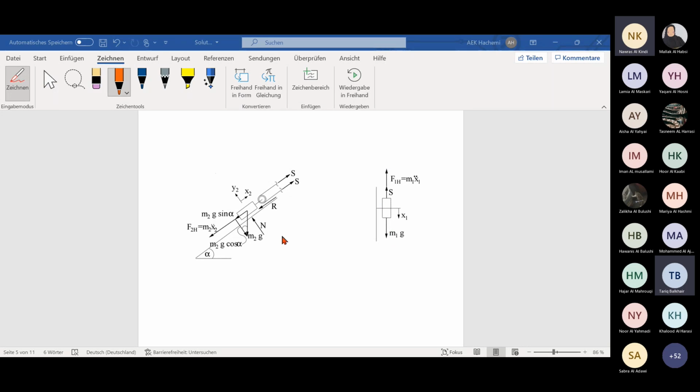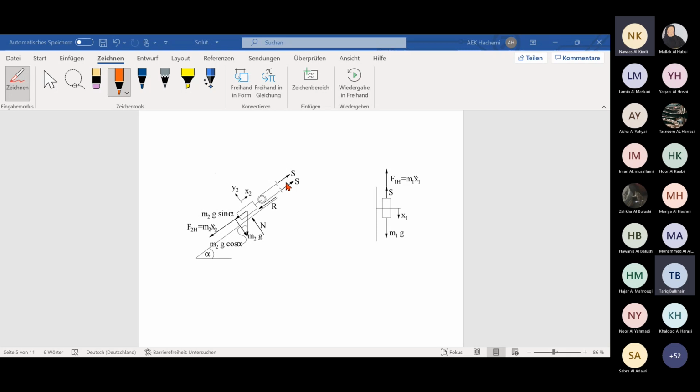The same principle will be used here for the mass M2. We have the motion along this direction, the positive direction. Now F2H, which is the inertia force of the mass M2, will be opposite to the direction of the motion of M2. Then we use the same principle.